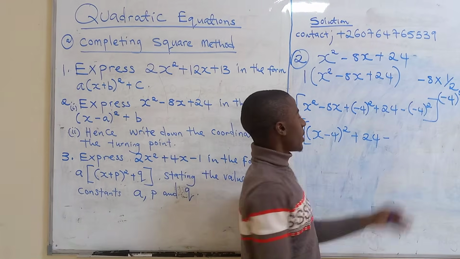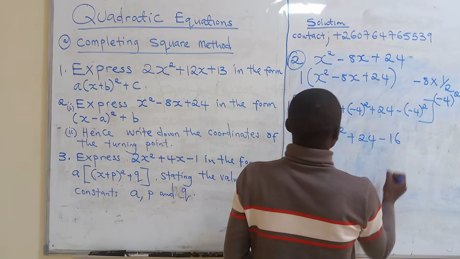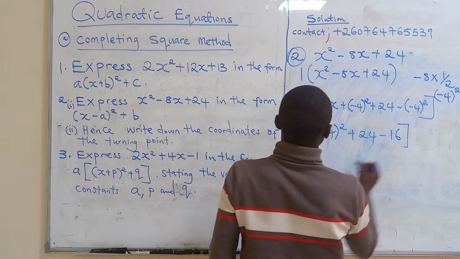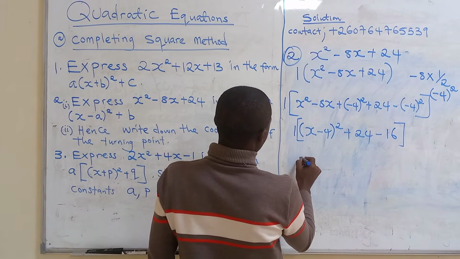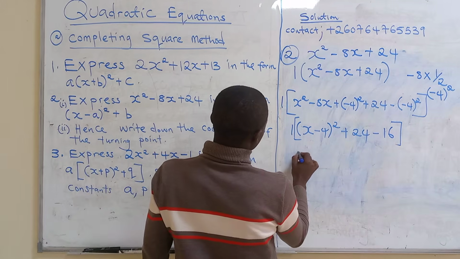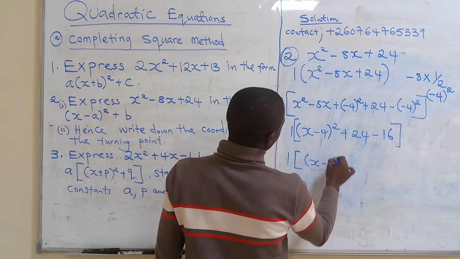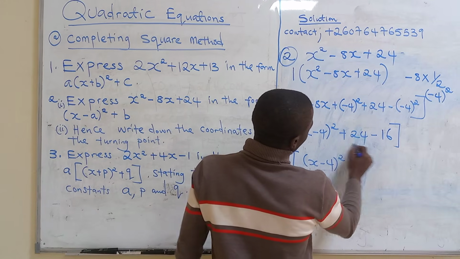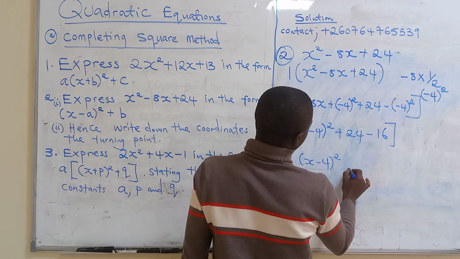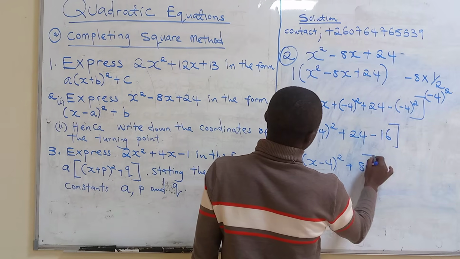Negative 4 squared, that is 16. And then there, that is open brackets 1 x minus 4 squared. When you simplify this part, you are getting positive 8.